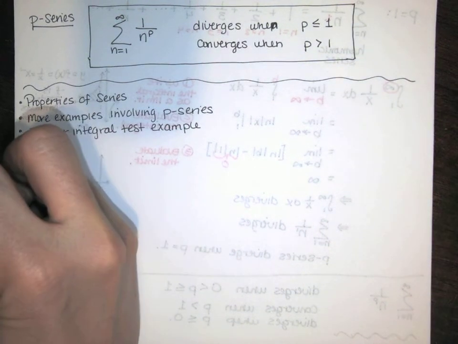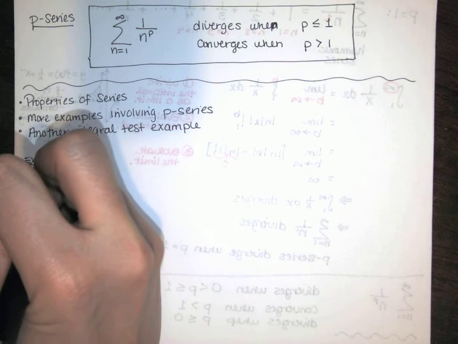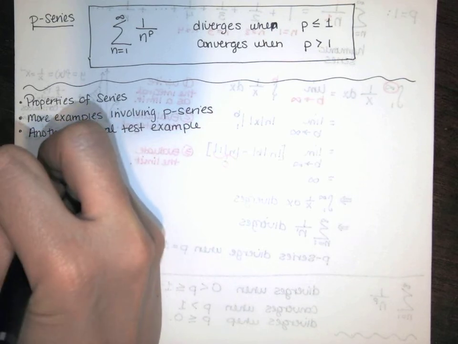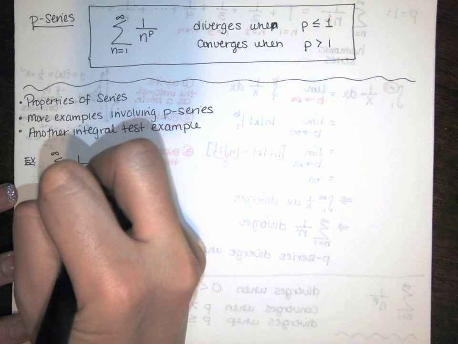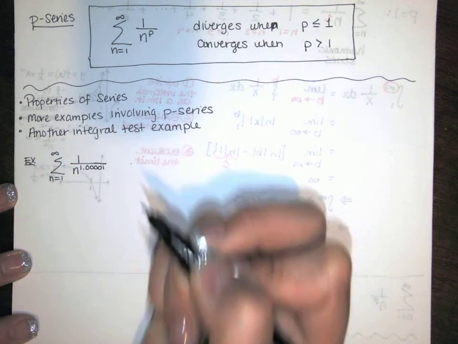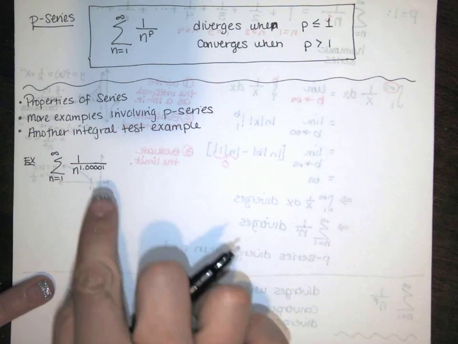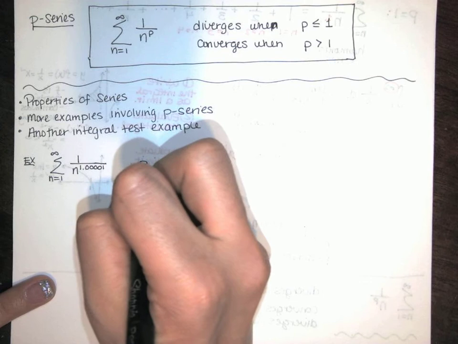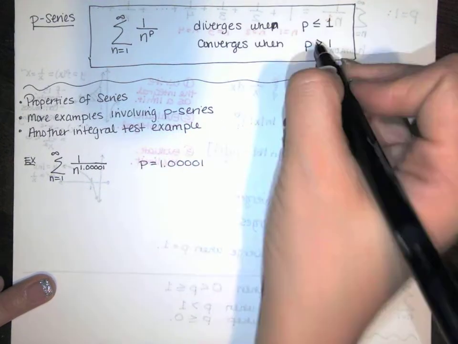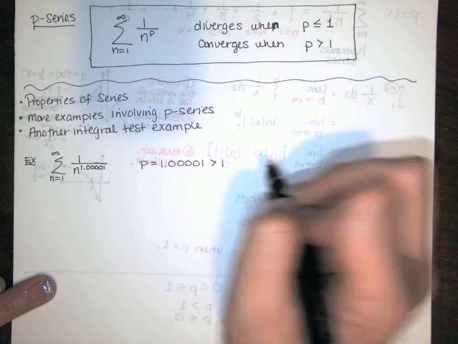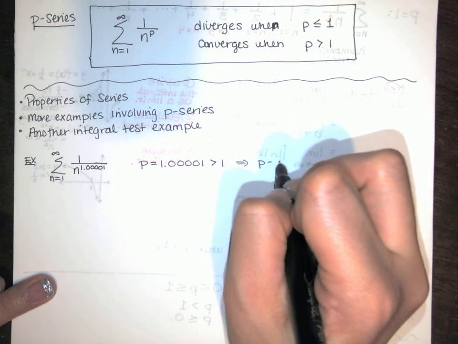So for example, if I have the sum as n goes from 1 to infinity of 1 over n to the 1.00001, well, p is 1.00001, and that's greater than 1, so the p-series converges.